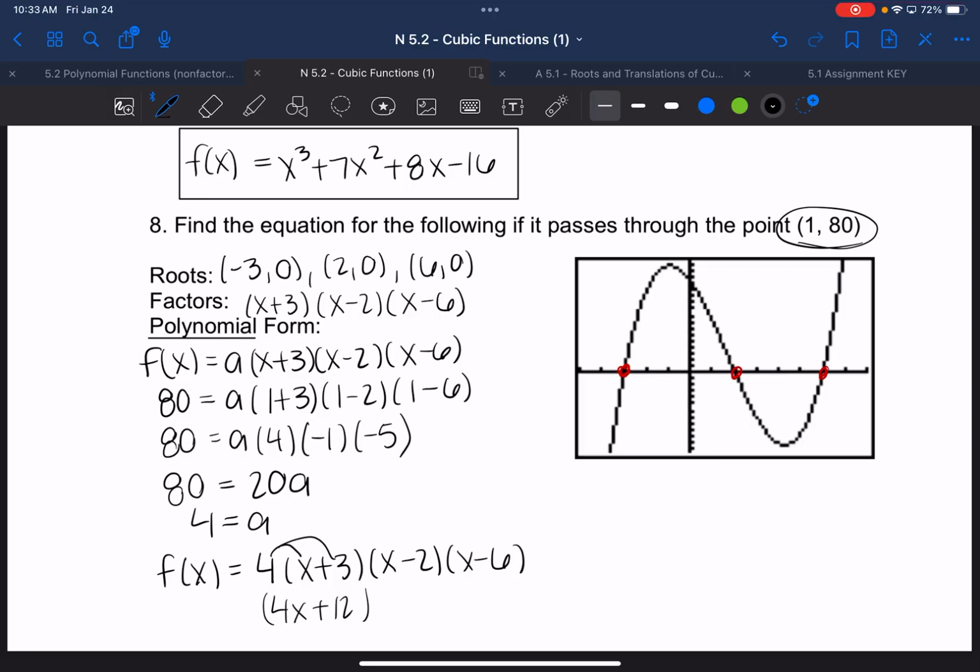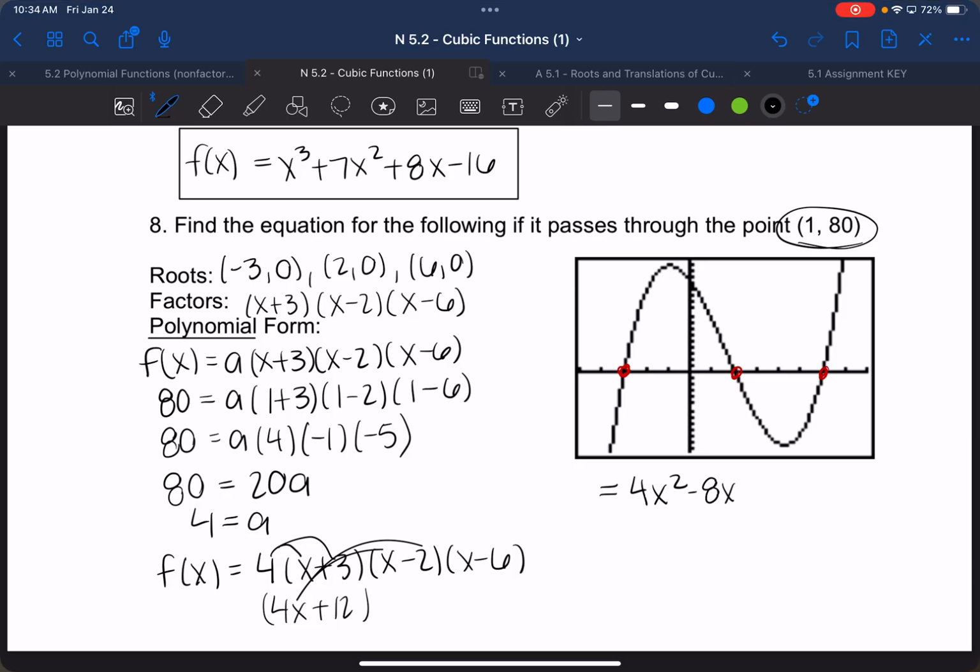Okay, so we've got our 4x plus 12, and we're going to multiply that second factor by 4x plus 12. Okay, so I'm going to have 4x times x, which would be, right, and then 4x times negative 2. What would that give us? Negative 8x.